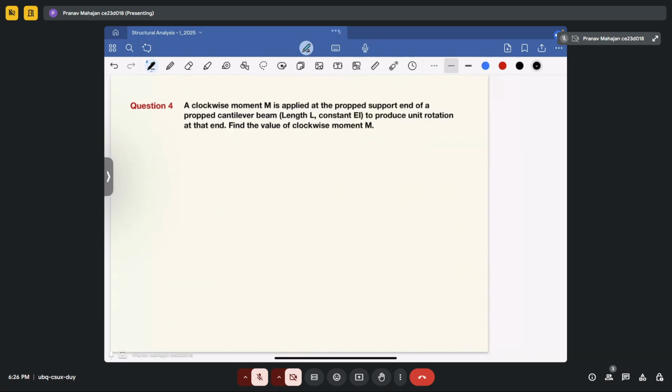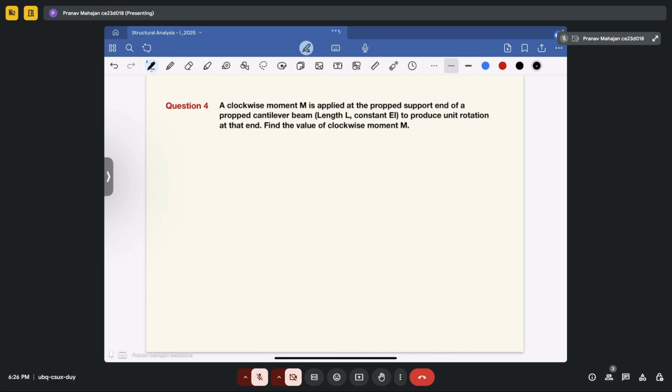Now your next question says a clockwise moment is applied at the prop support end of a propped cantilever beam to produce a unit rotation at that end. Now you have to determine the value of this clockwise moment.